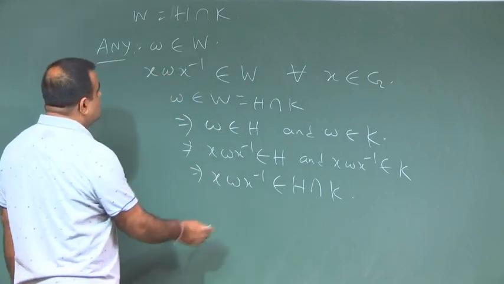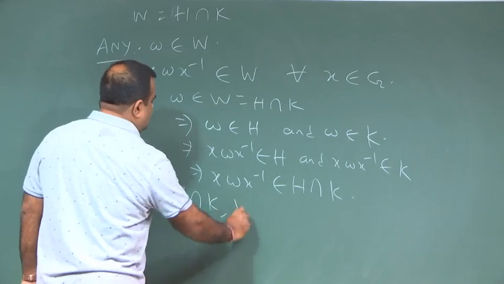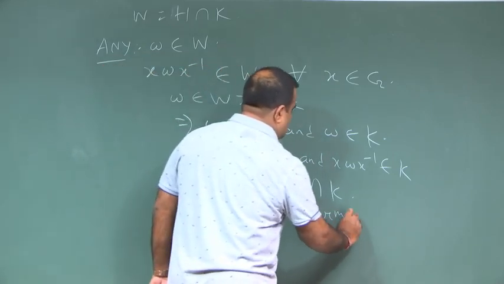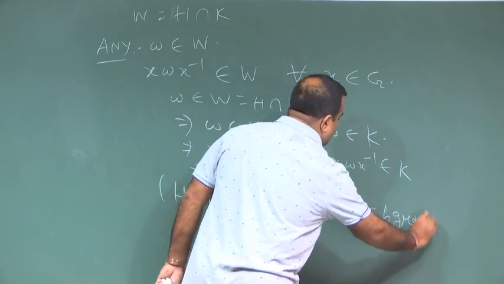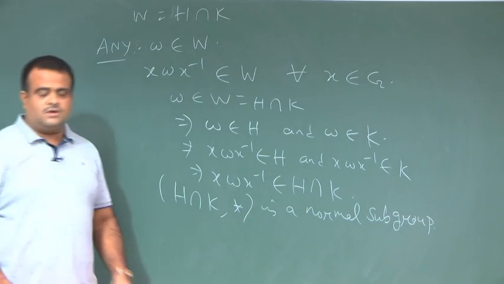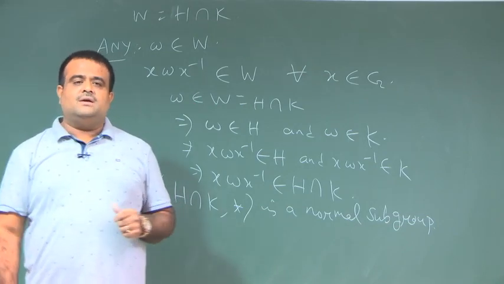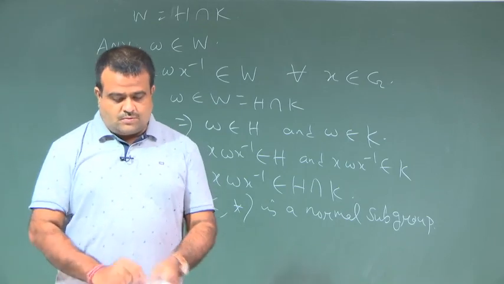So, by that theorem we can say the intersection is a normal subgroup. But the union in general is not normal, because the union itself may not be a subgroup, so the question of normal subgroup will not come.